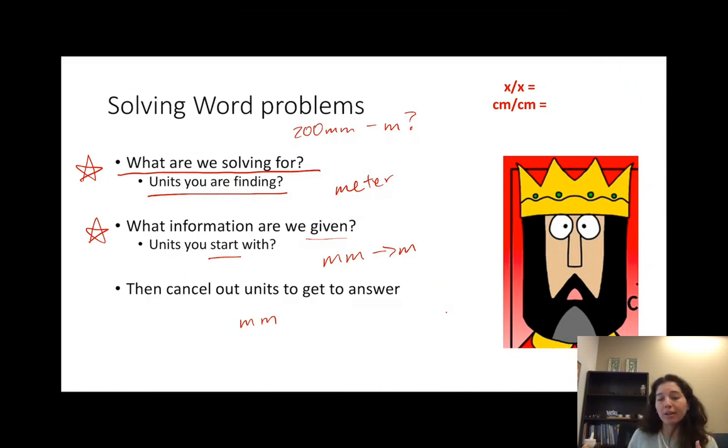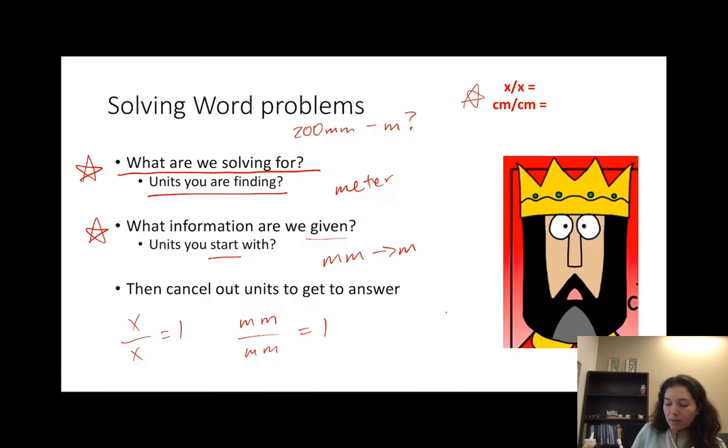We're going to use this tactic where we can divide something by itself and it's going to cancel itself out. So millimeters divided by millimeters is equal to 1. The same way if you said x over x, it's equal to 1. They cancel themselves out. So by doing this, you get rid of the unit.